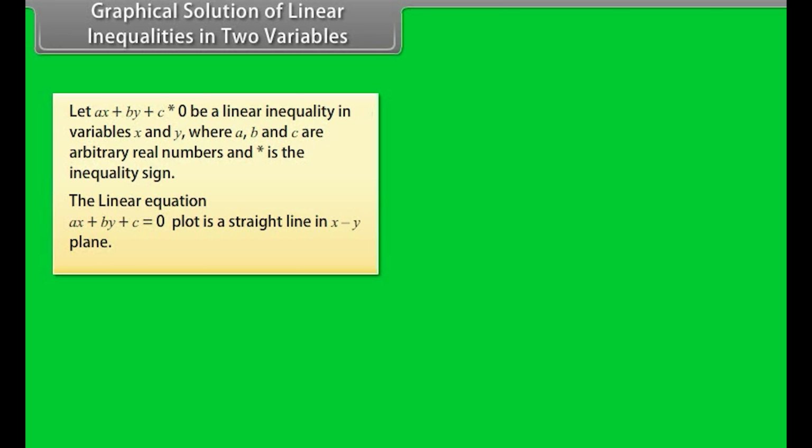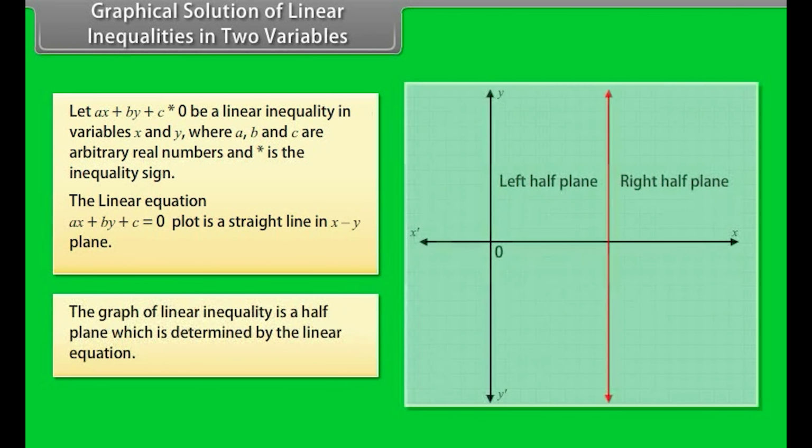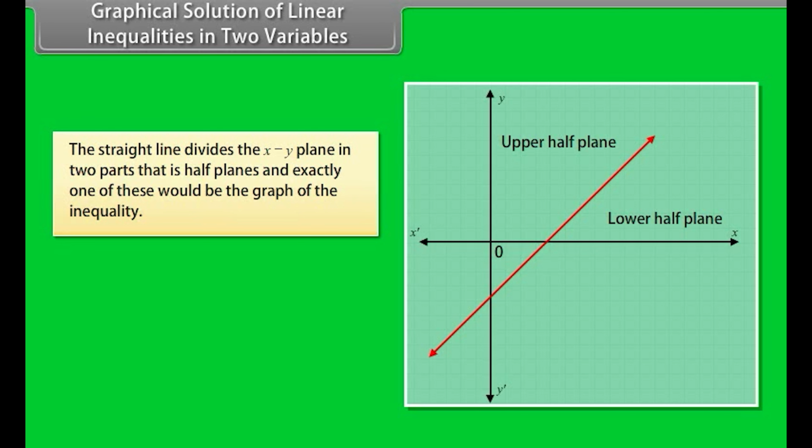Below are the examples of straight line in xy plane, which divides xy plane into 2 halves. The graph of linear inequality is a half plane, which is determined by the linear equation. The straight line divides the xy plane in 2 parts, that is, half planes, and exactly one of these would be the graph of the inequality.